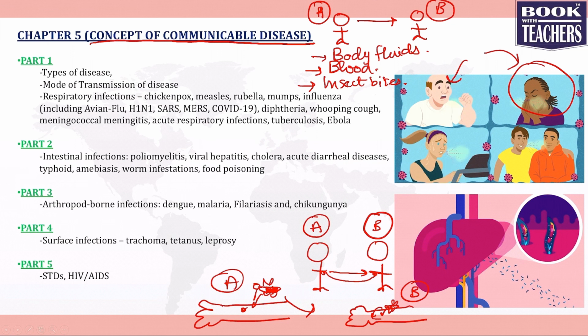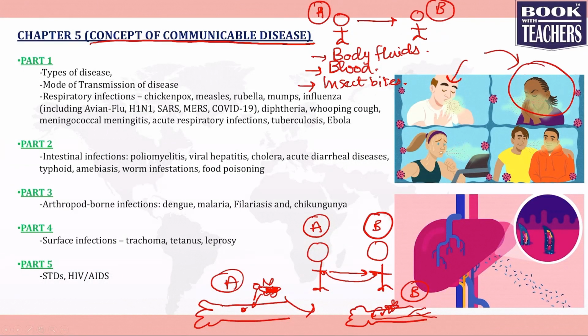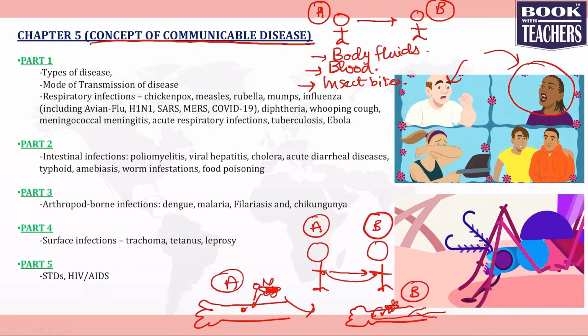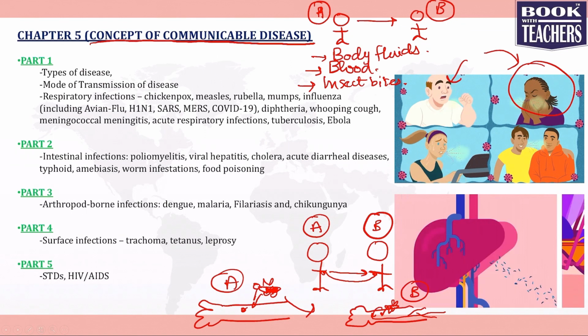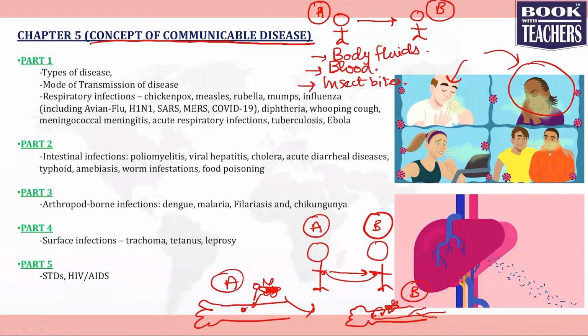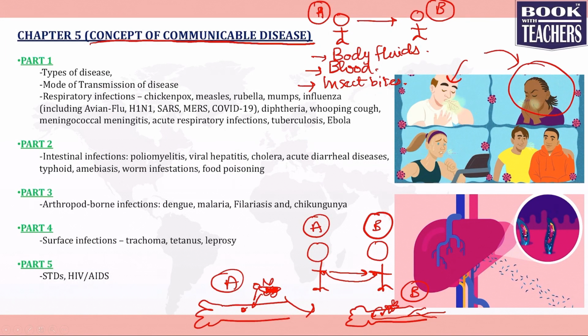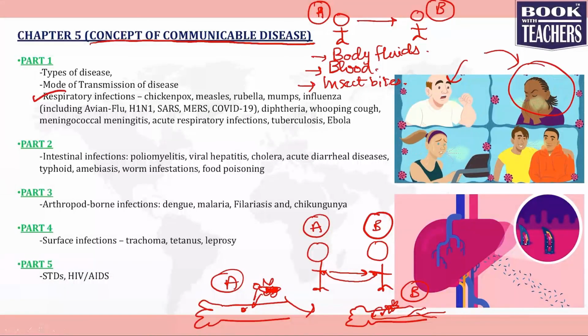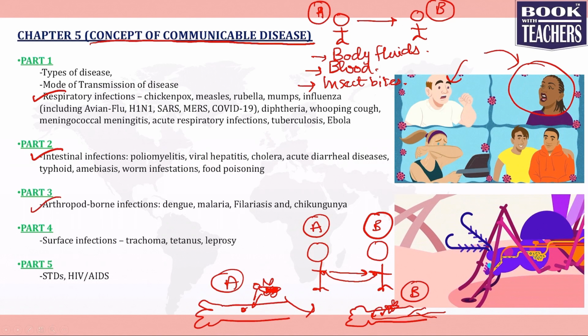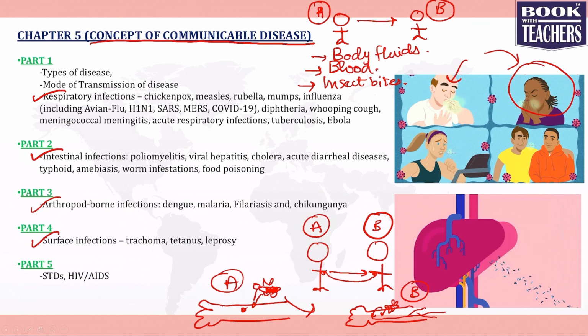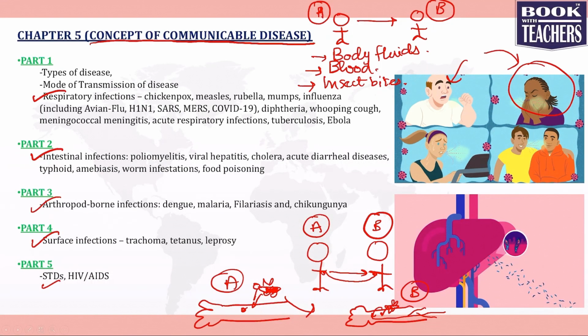And this will cause person B, who's a healthy individual, to develop a disease. So just like this, there are various diseases, or we can say infections, which are communicable diseases. So in this comes respiratory infections, intestinal infections, arthropod infections, surface infections, as well as STDs and HIV/AIDS.